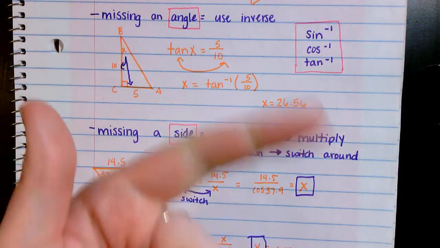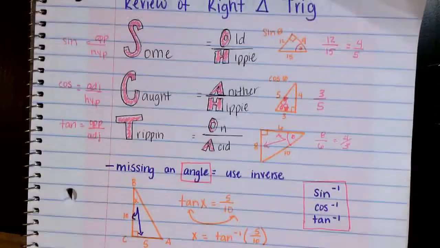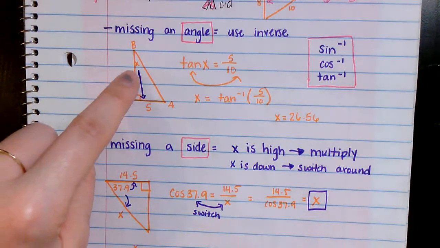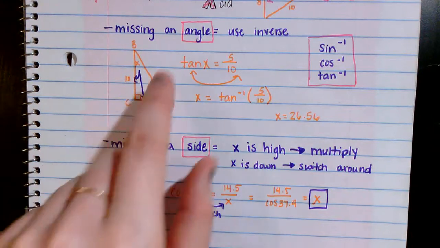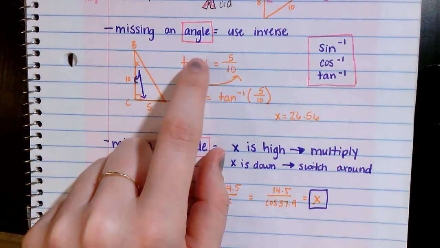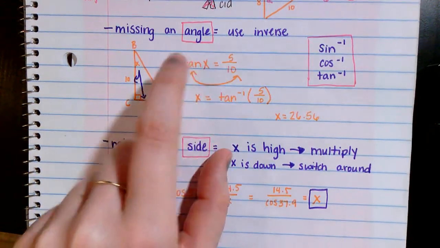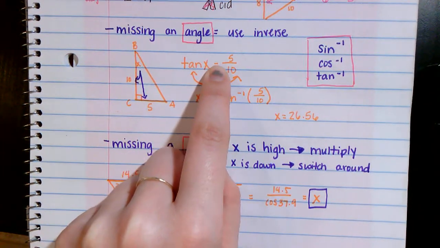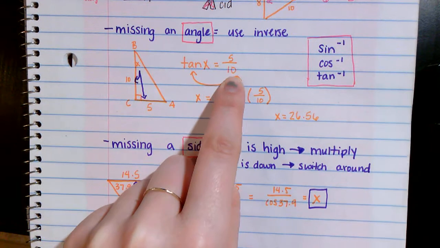So O and A would be tangent. So that's how I figured out that I was doing tangent of my angle, because I looked and figured out what sides I'm using. So when I write it down, it's function, angle, side, side. I know the function is tangent, the angle is unknown, and the two sides are opposite, 5, over adjacent, 10.